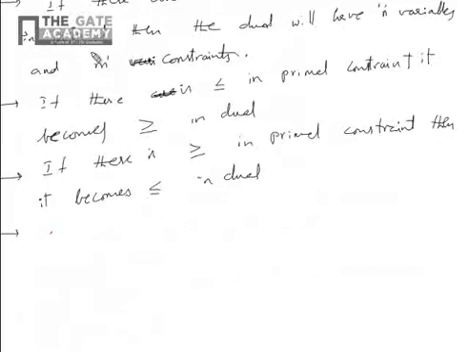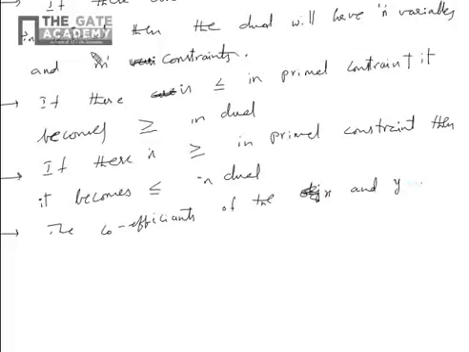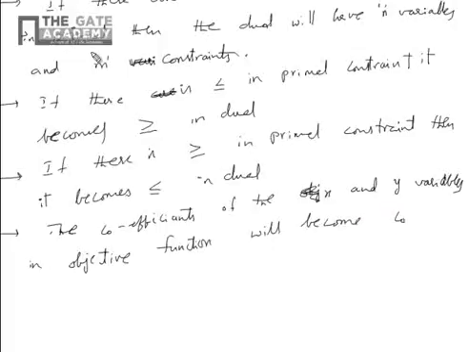The coefficients of the variables x and y and so on in the objective function will become the constants for the constraints in the dual.